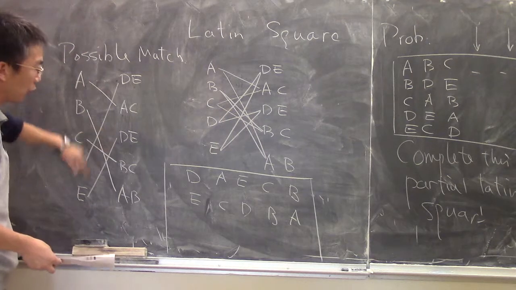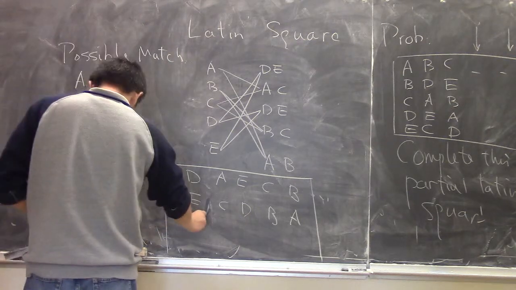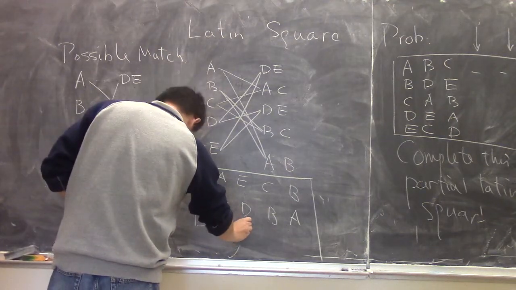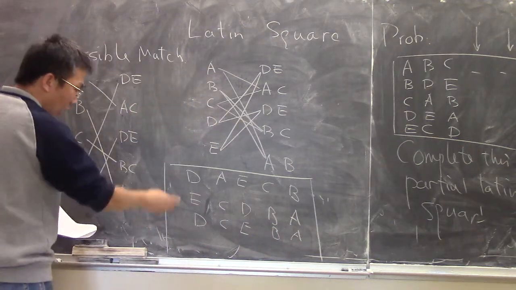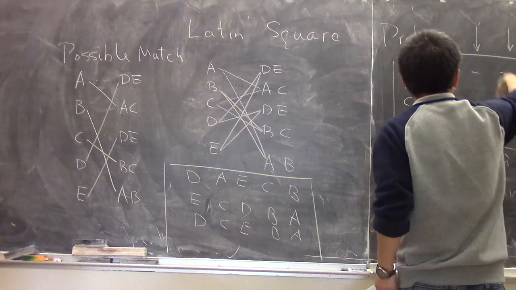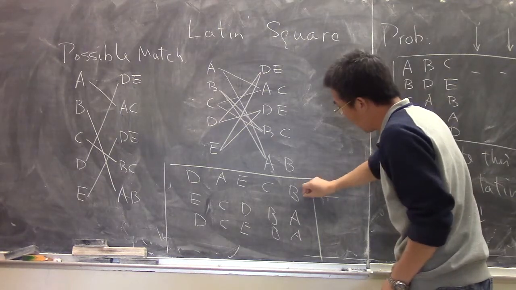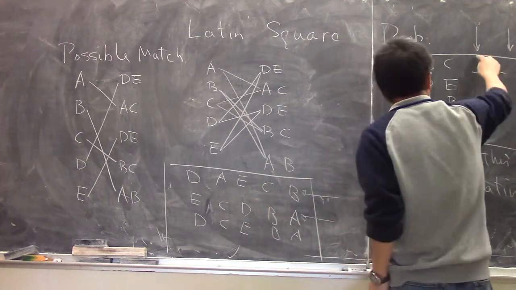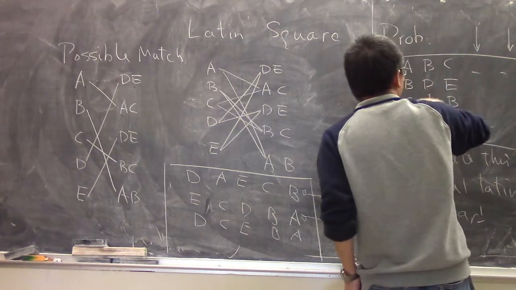Actually, if you work it out carefully, it turns out you still have another match, which is D, C, E, B, A, and of course the complement, because once you pick this column, then the left one is the leftover.